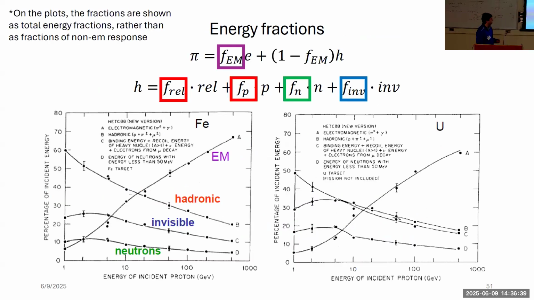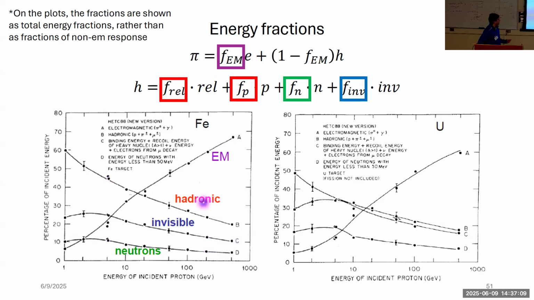So what does this tell us? Well, we see that as we said, this EM fraction increases with energy, and the energy of the hadronic part of the shower is subdivided into different components. So into a hadronic part, into a slow neutron part, and into an invisible part.